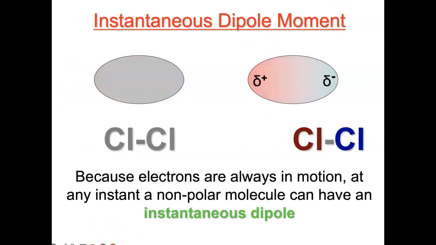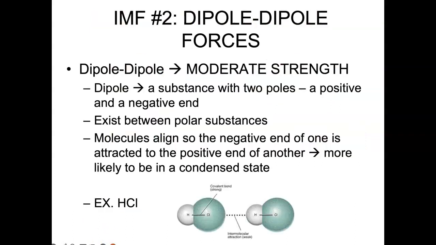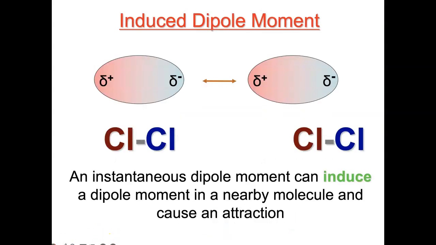All right, the next one I wanted to tell you, so that's what happens. So if the electrons in the chlorine on the right moved to the right side, this right side would be partially negative, this left side would be partially positive, and the electrons in the other molecule would also move for a charge separation. All right, so that's London dispersion force, an induced dipole. We're going to have to cause this to happen.